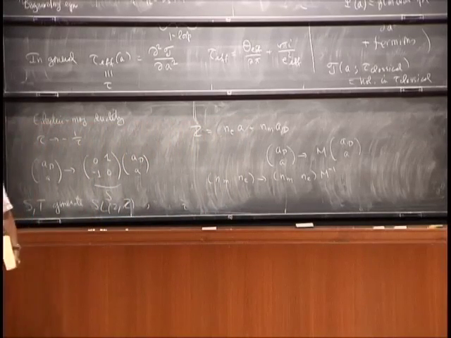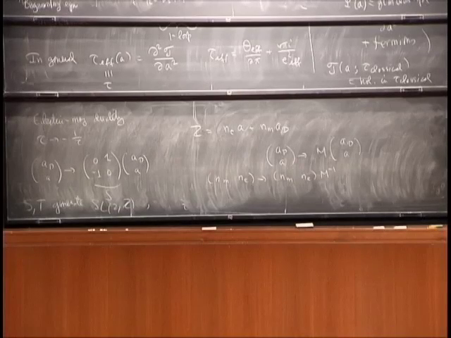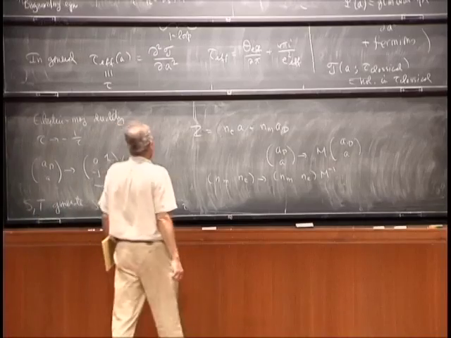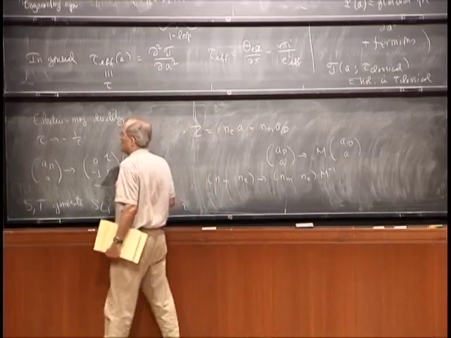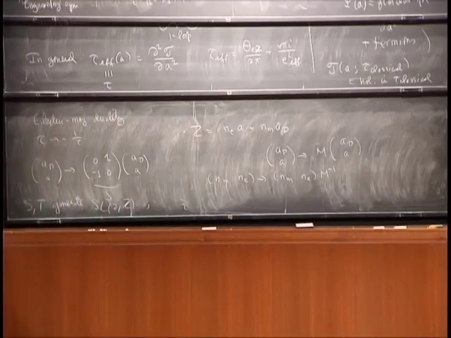But if M is in SL2Z, in other words, it's an integer-valued matrix of determinant 1, M inverse also has integer values. So this is an integer-valued transformation of electric and magnetic charges. So our formula for the central charge is independent of the choice of a low-energy description, in addition to its other advantages.